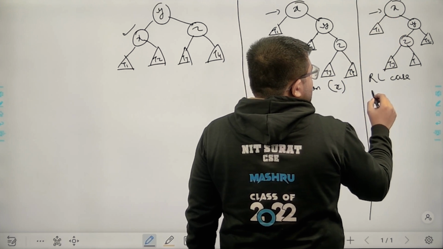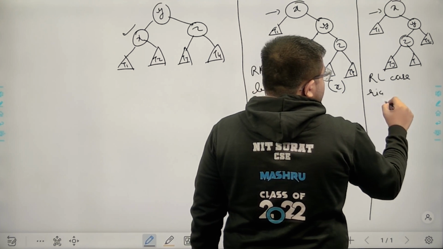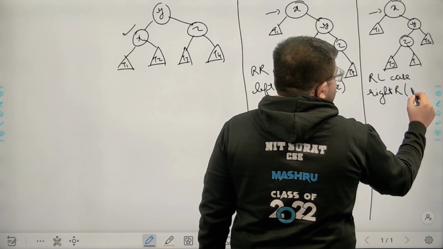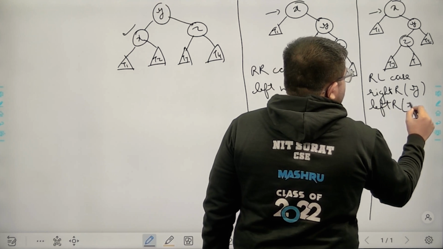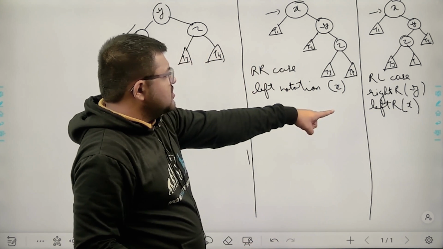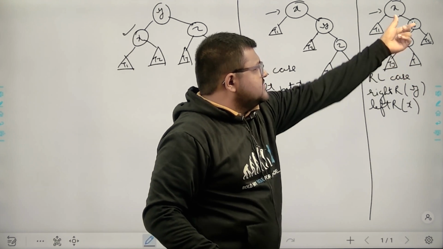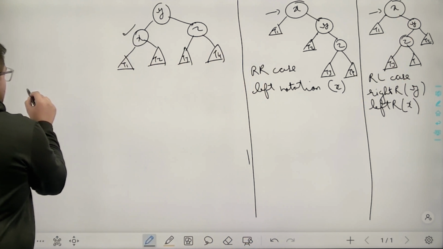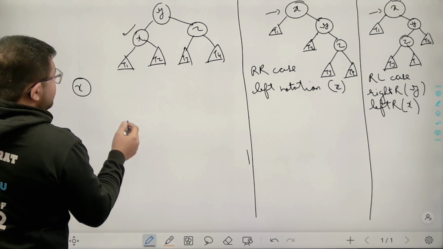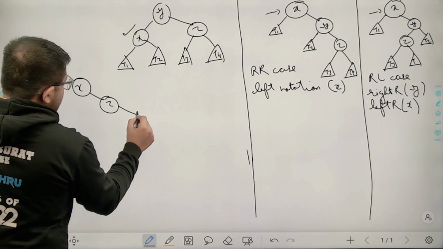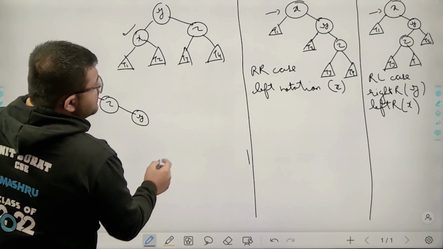Okay, so here what we will do, first of all we will do a right rotation on Y, and then we will do a left rotation on X. Okay, so let's do a right rotation on Y. So Y will be shifted right, Z will come on the top. Okay, so what I will get, this is X, and Y will be shifted right. So Z will come here, Y will come here, right?